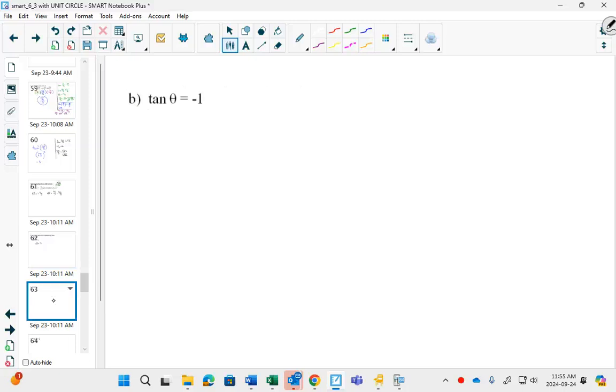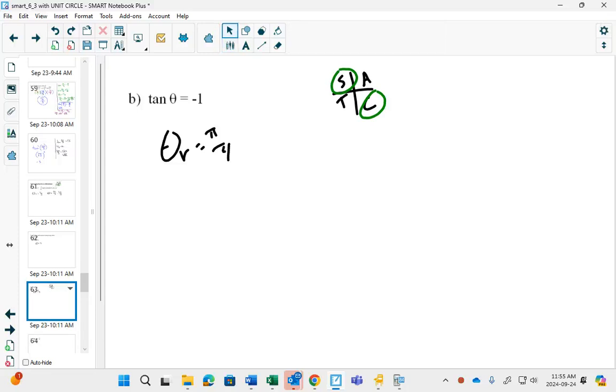Tan of theta is -1. First of all, think of quadrant 1. Is tan ever 1? What family? As soon as you find the family, you know your reference angle. Then tan is negative, so according to your CAST rule, you're looking in quadrant 2 and quadrant 4.